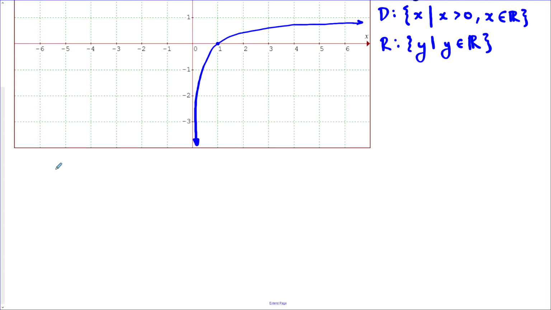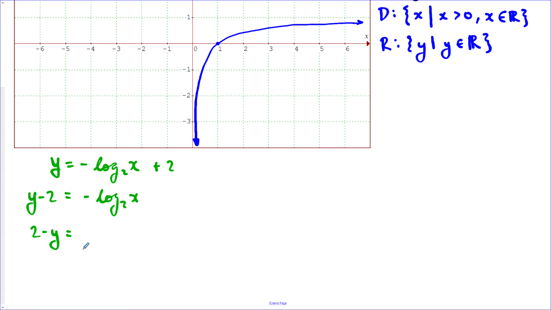So right now we have y is equal to negative log base 2 of x plus 2. So I'm going to subtract 2. So we got y minus 2 equals negative log base 2 of x. And divide by negative, so that will give me 2 minus y instead, equals log base 2 of x.